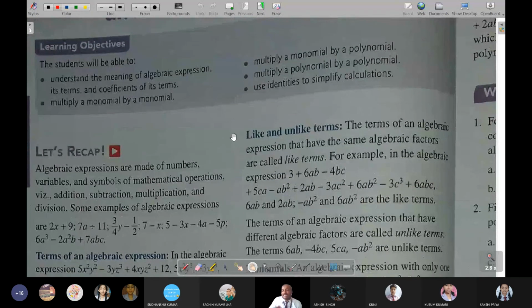So you can say algebraic expressions are the combination of variables and constants with mathematical operators like addition, subtraction, multiplication or division.